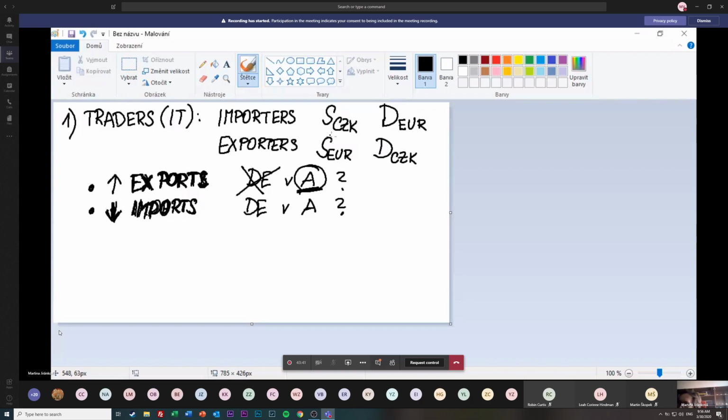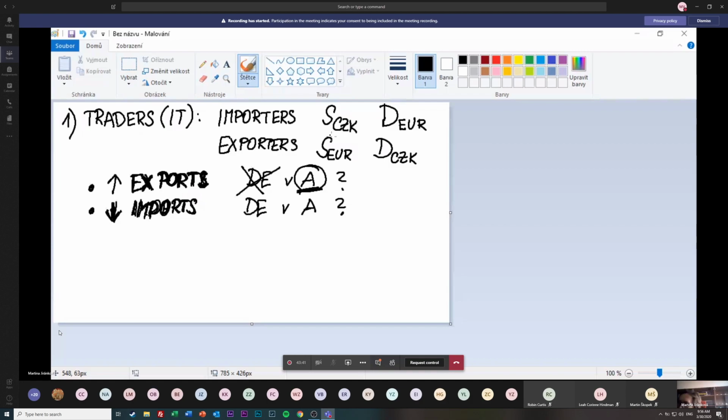If there is a decrease in the supply of any product, including the Czech crown, there is an increase in the price of it. So the right solution is appreciation.